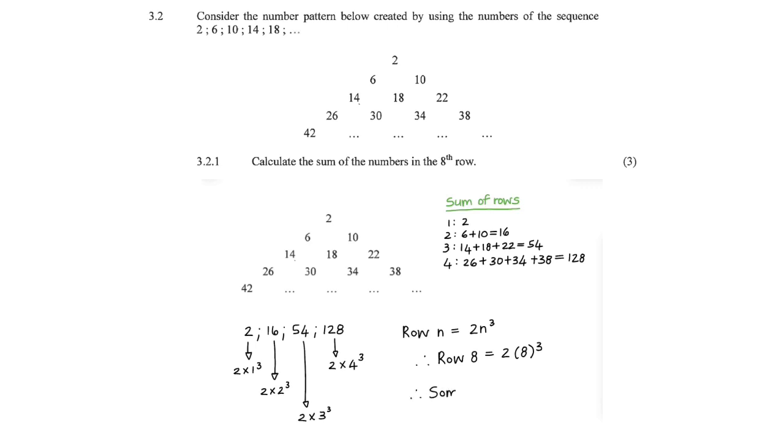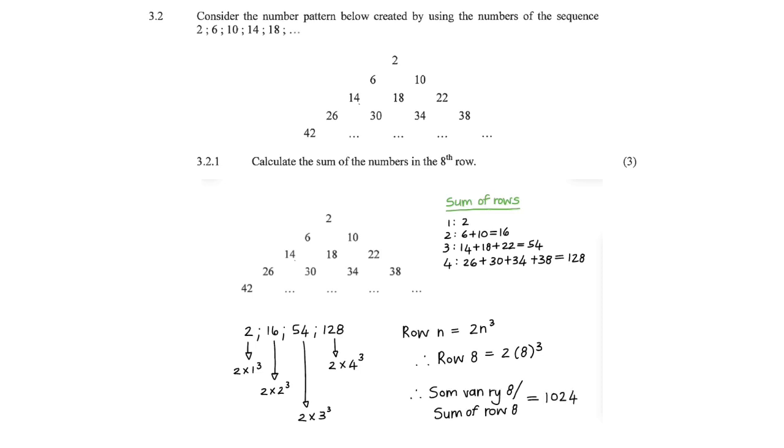So we need to find the sum of the 8th row. So what we do is we substitute n equals 8 into the formula. Now the cube of 8 is equal to 512. 512 times 2 equals 1024. So the sum of the numbers in the 8th row is 1024.